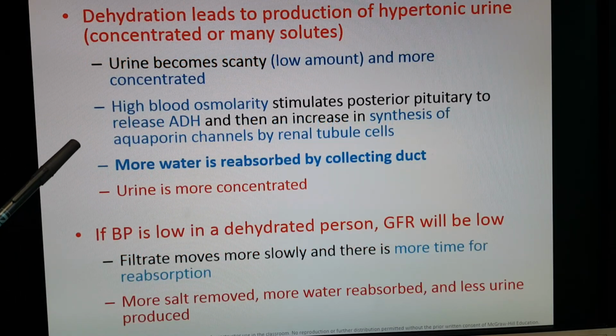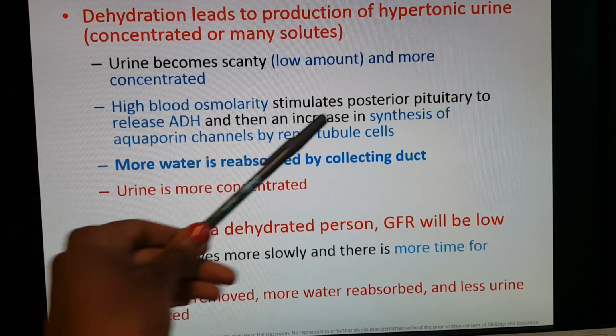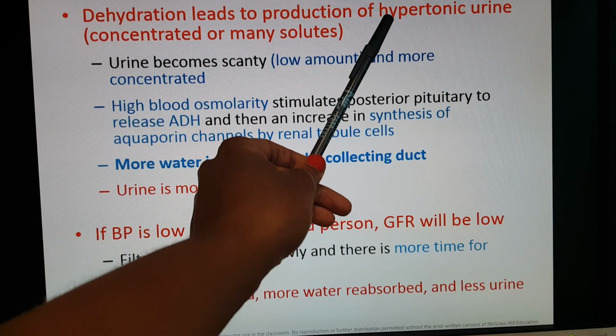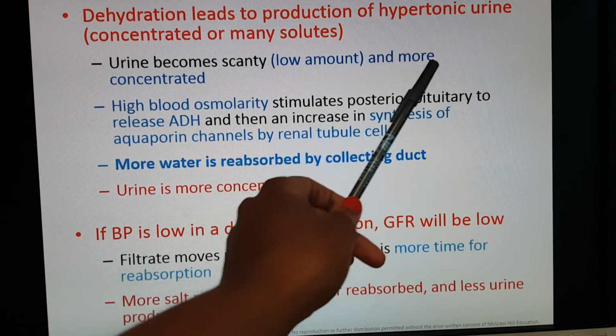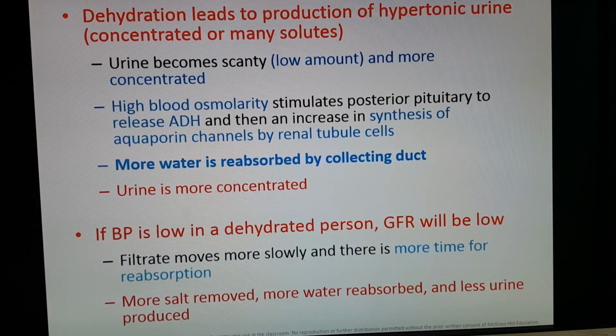The opposite is when you're dehydrated, you end up creating hypertonic urine, having a lot of solutes. This is where you have darker colored urine because there's so much stuff in there. Your body's trying to pull as much water as possible, so your urine becomes more concentrated.